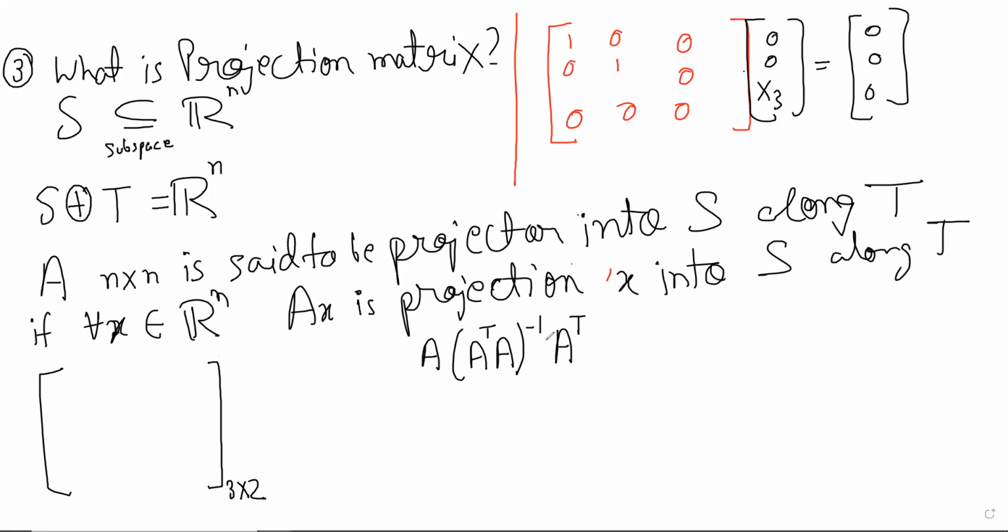Show that B is a projection. Does this become 3x3 or 2x2? B is 3x3. You can check it becomes a 3x3 matrix. And then we want to check that it's a projection matrix.